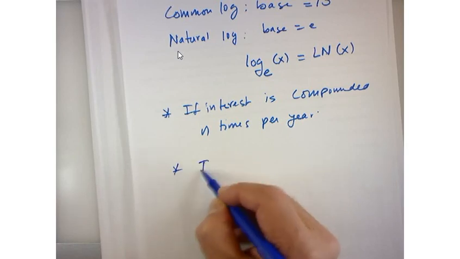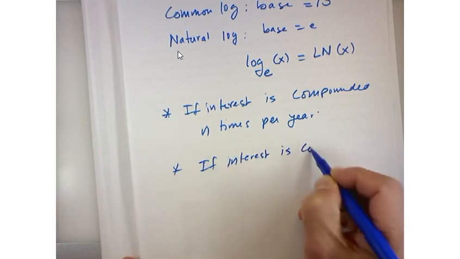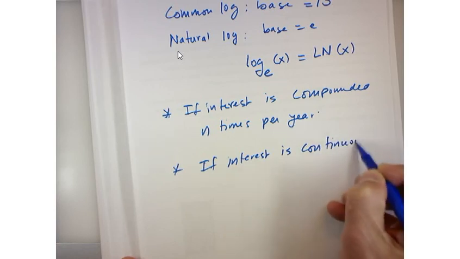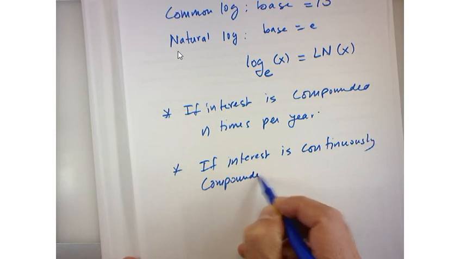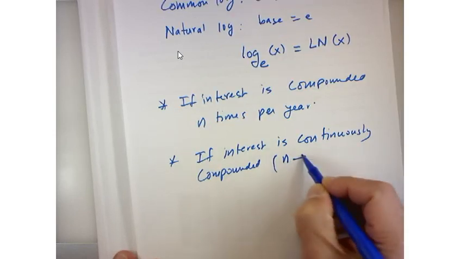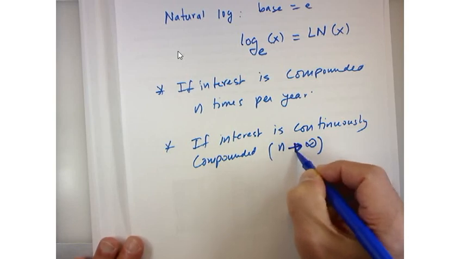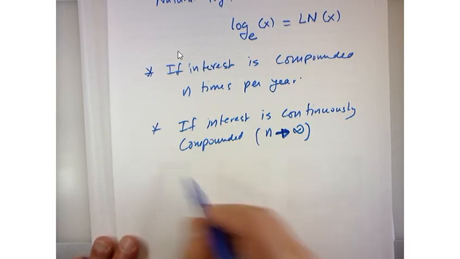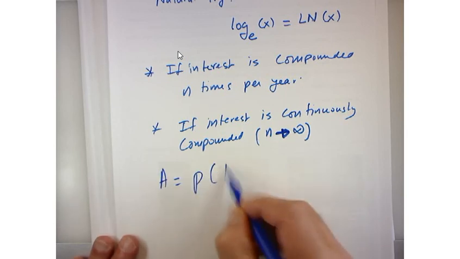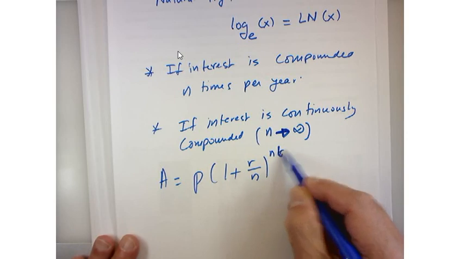If interest is continuously compounding, in this case, the number of times it's compounded is huge, so it goes to infinity. We can't use that formula anymore because n is infinity.